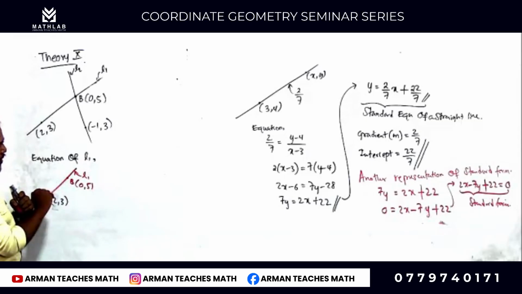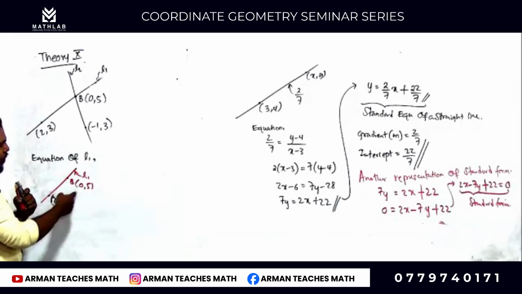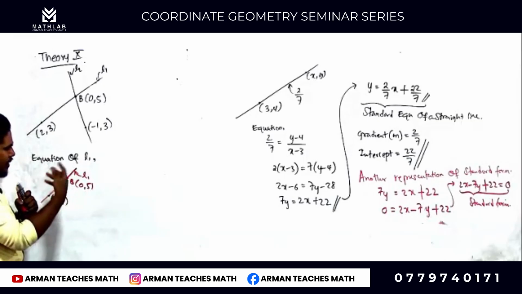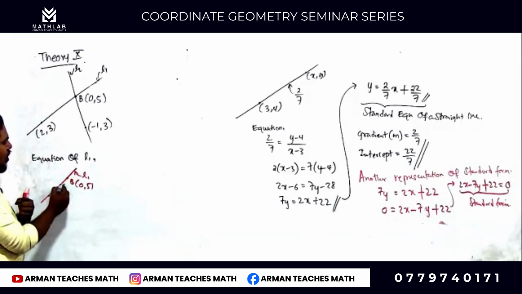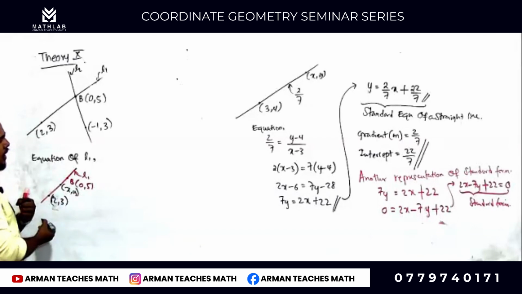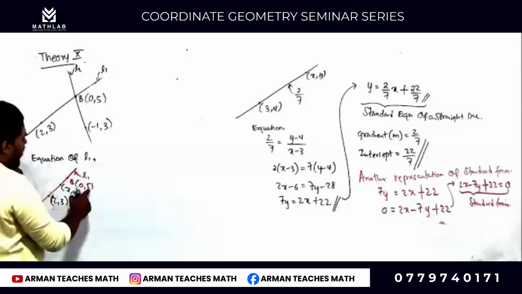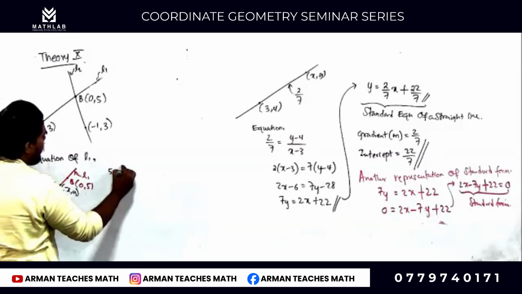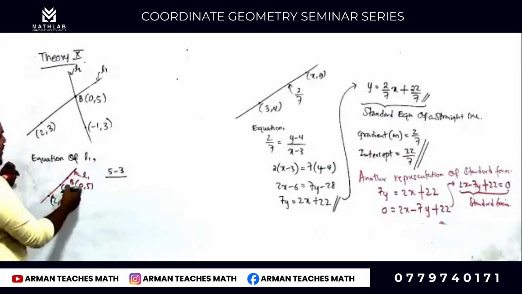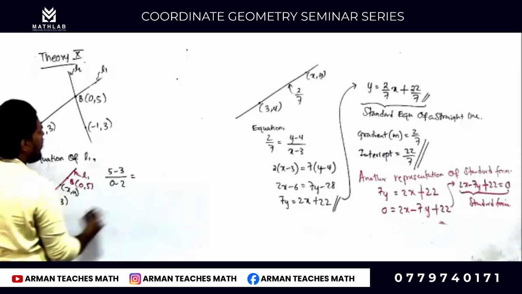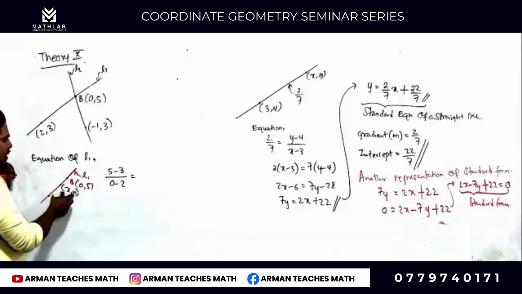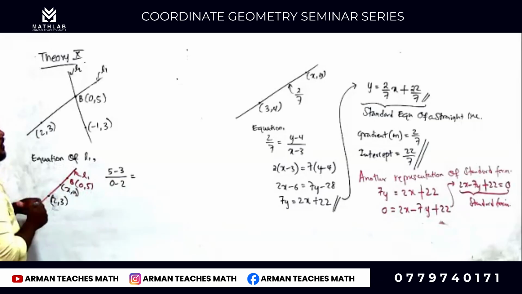We know if two coordinates are known we can calculate the gradient using this, and we can calculate the same gradient by considering a general coordinate x comma y. එහෙනම් difference of y coordinates 5 minus 3 divided by difference of x coordinates 0 minus 2 is equals to y minus 5 over x minus 0. You can consider this x comma y with 2,3 or x comma y with 0,5, any.